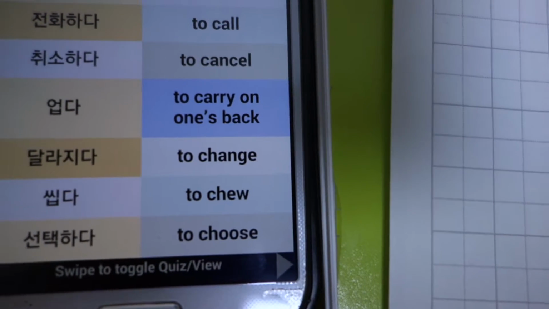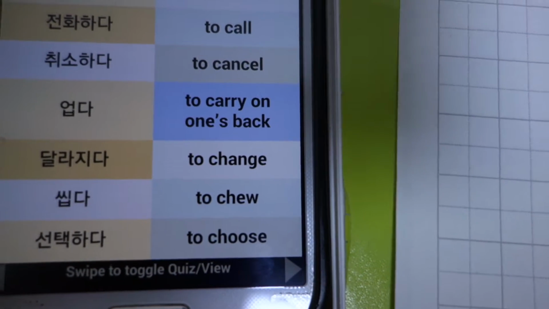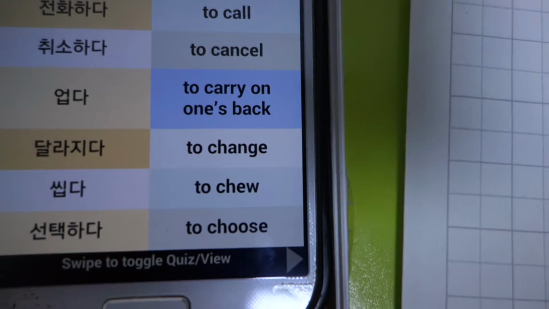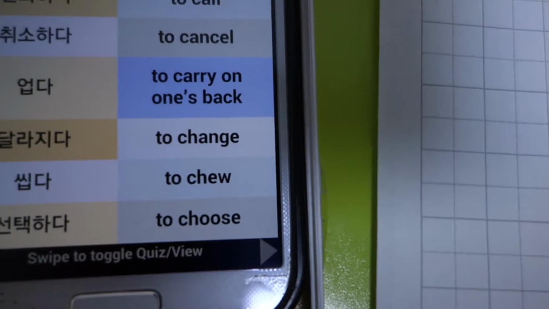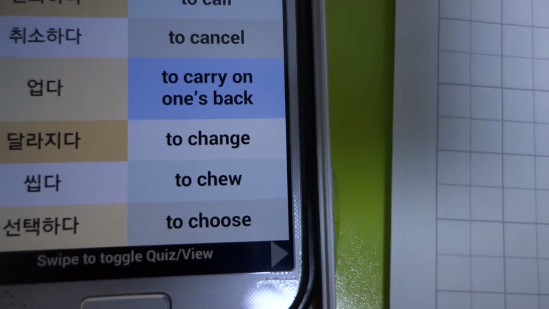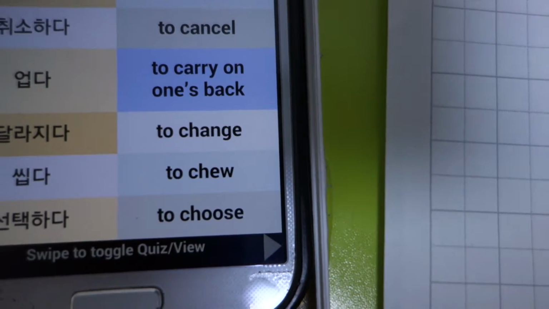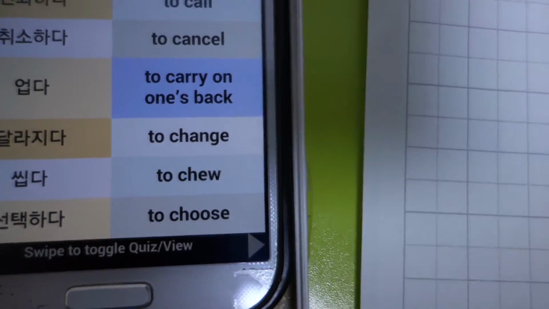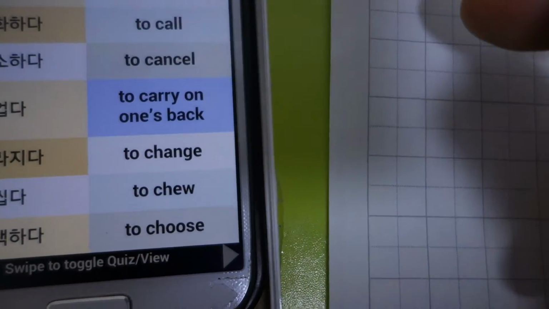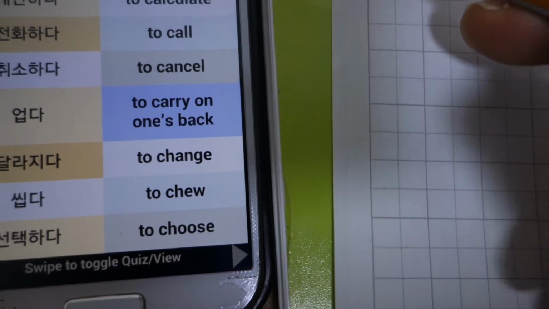I've been learning Korean for years. What am I kidding you? But I'm still not good. It's not an easy language to learn. Please don't criticize me. But anyway, 선택하다, which means to choose.